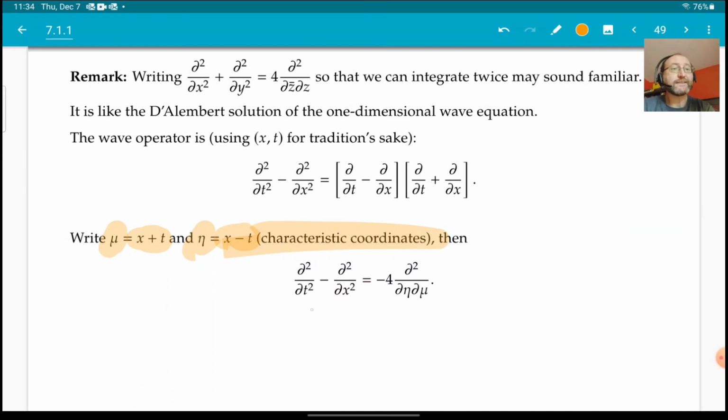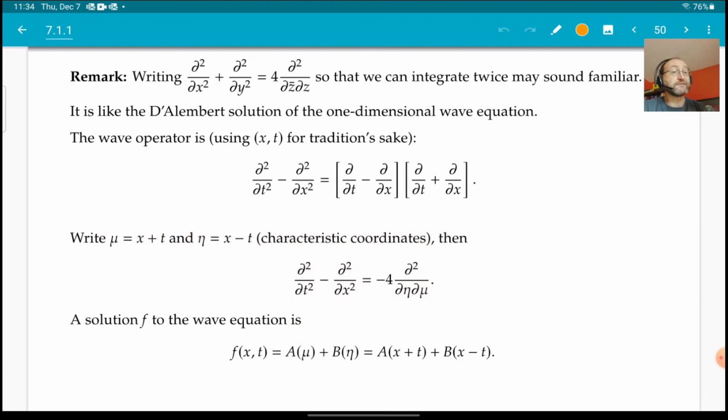What we'll get is this operator, with a minus sign, the second derivative in mu and eta, if I do this change of coordinates. And then basically what you do is you integrate twice. So let's not do that, but you integrate twice.